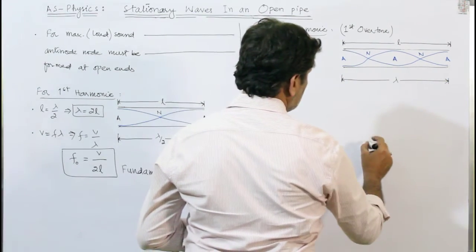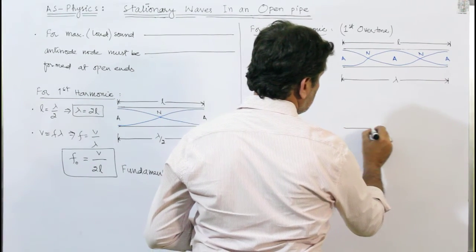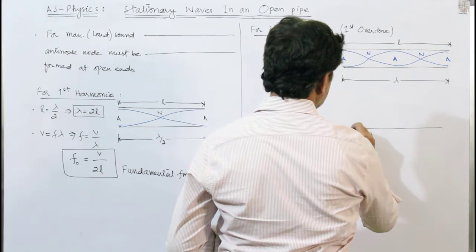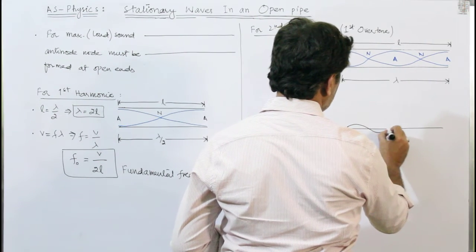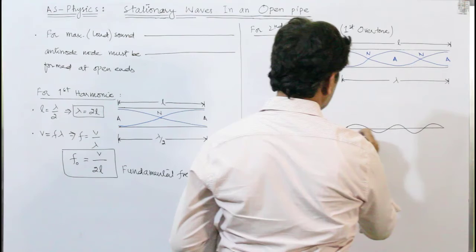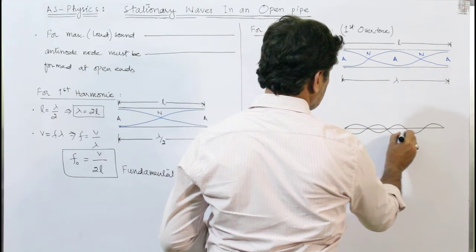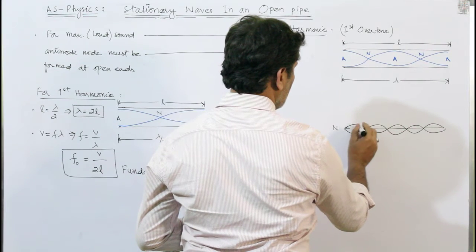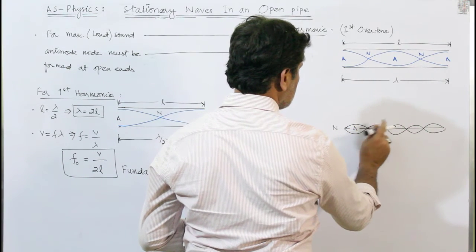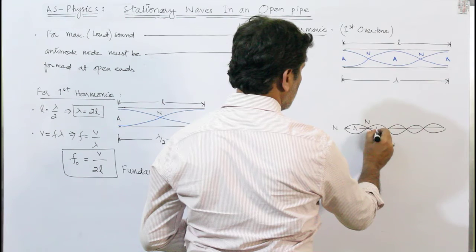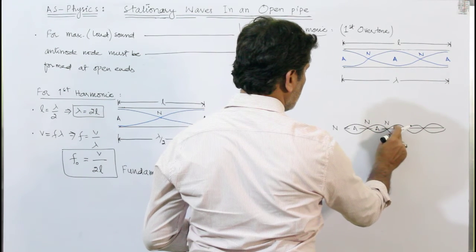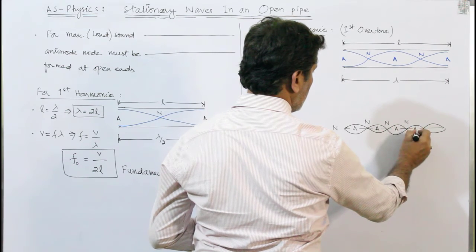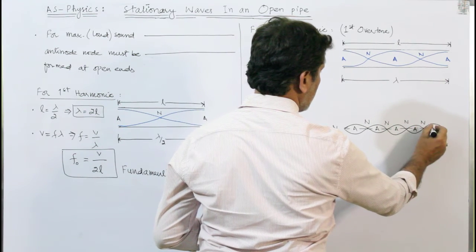I can show you this resemblance with the loops generated as a result of the stationary waves in the string. Just like it is a node position, it is the antinode position, node, antinode, node, antinode, node, antinode.